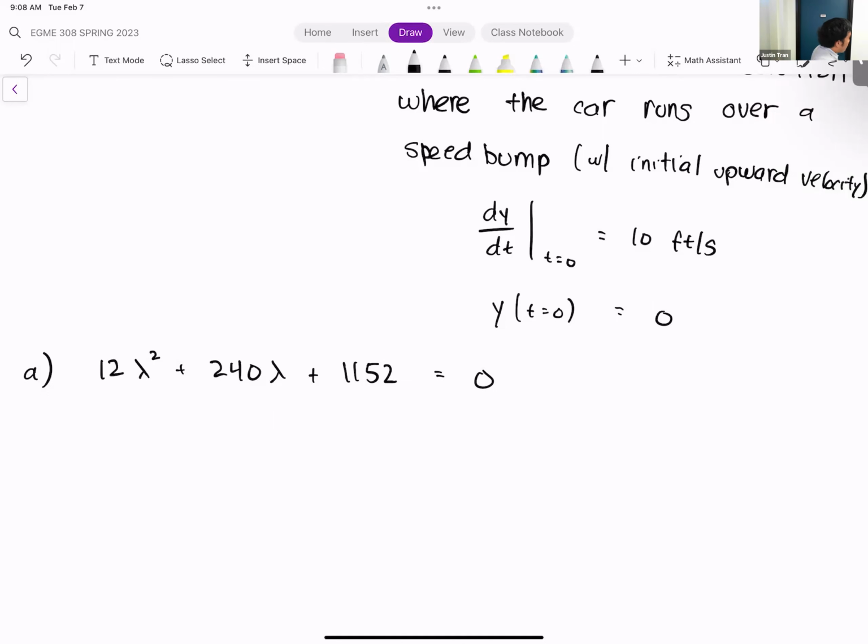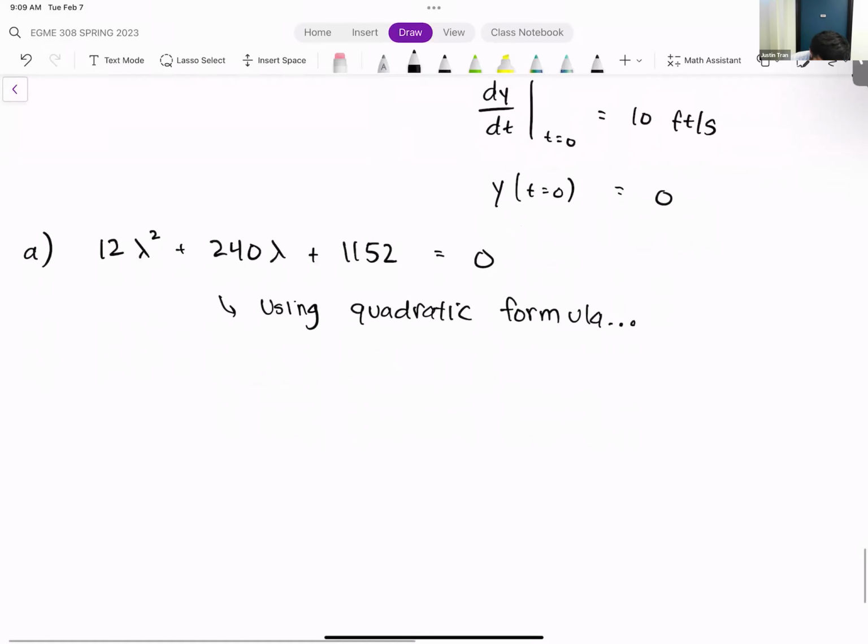Now that we have this quadratic equation, we can solve for the roots. I think the easiest way to do this is with the quadratic formula, just because the numbers are a little bit insane here. I'll skip those details and assume that you can plug into the quadratic formula.